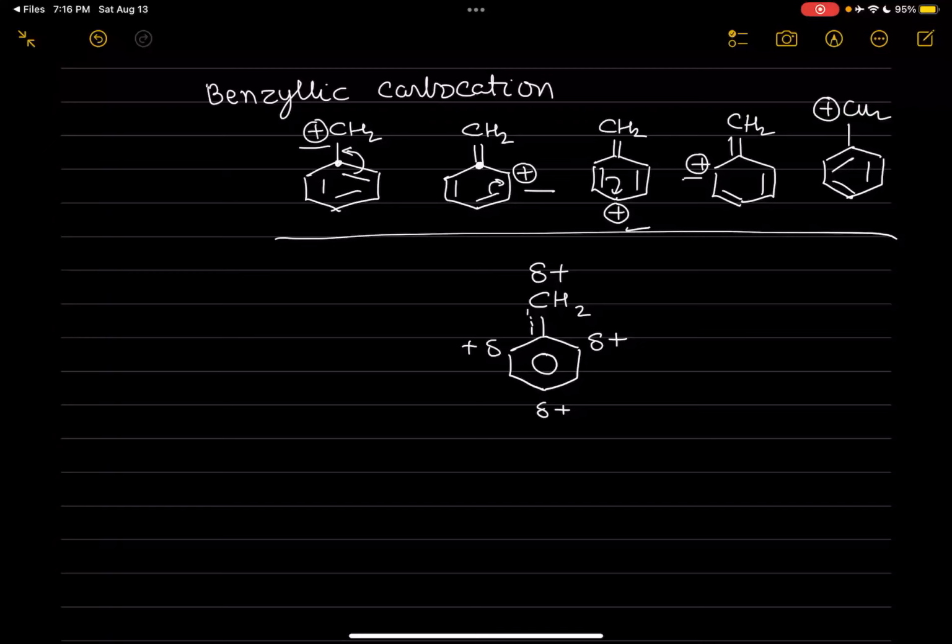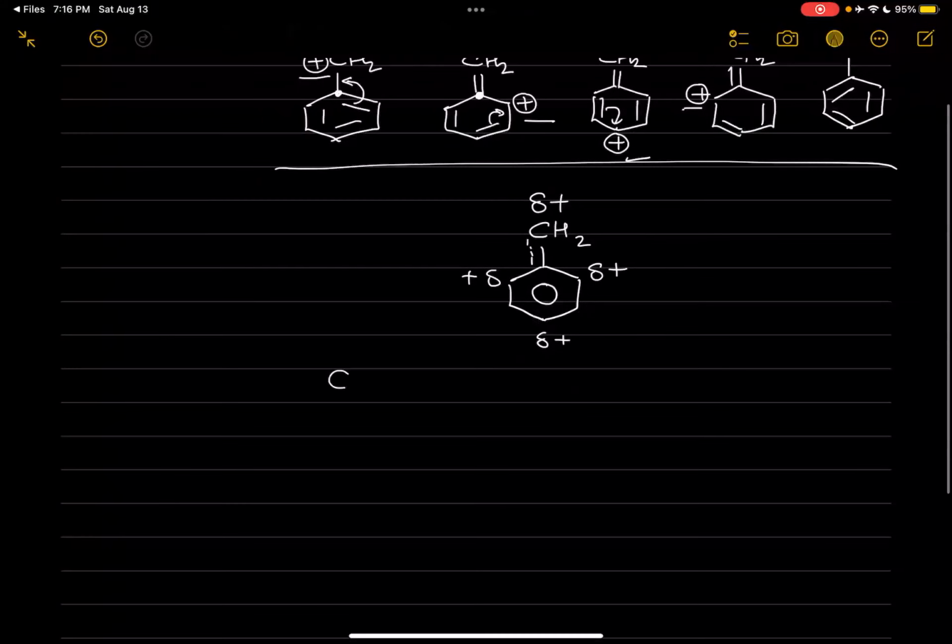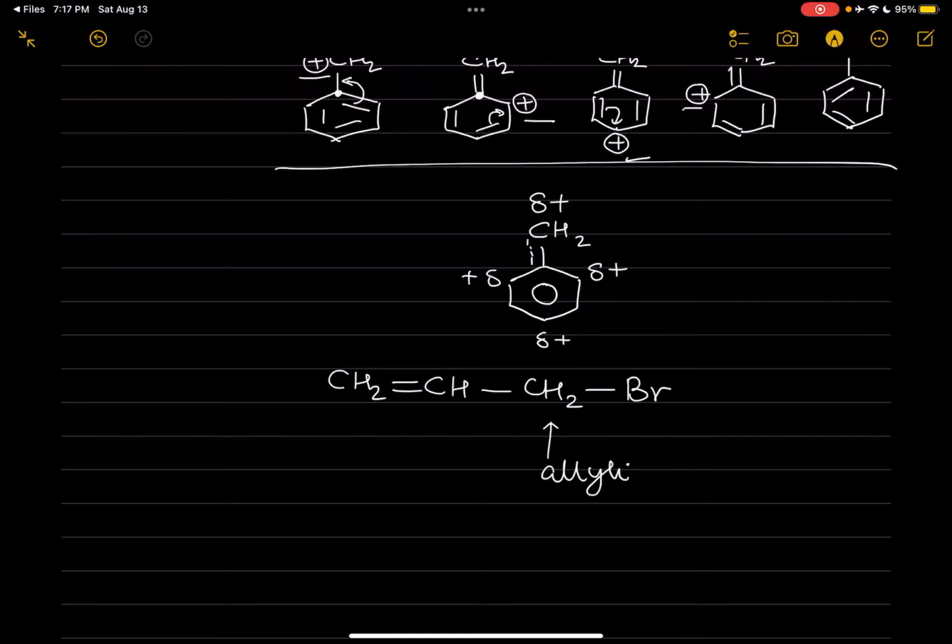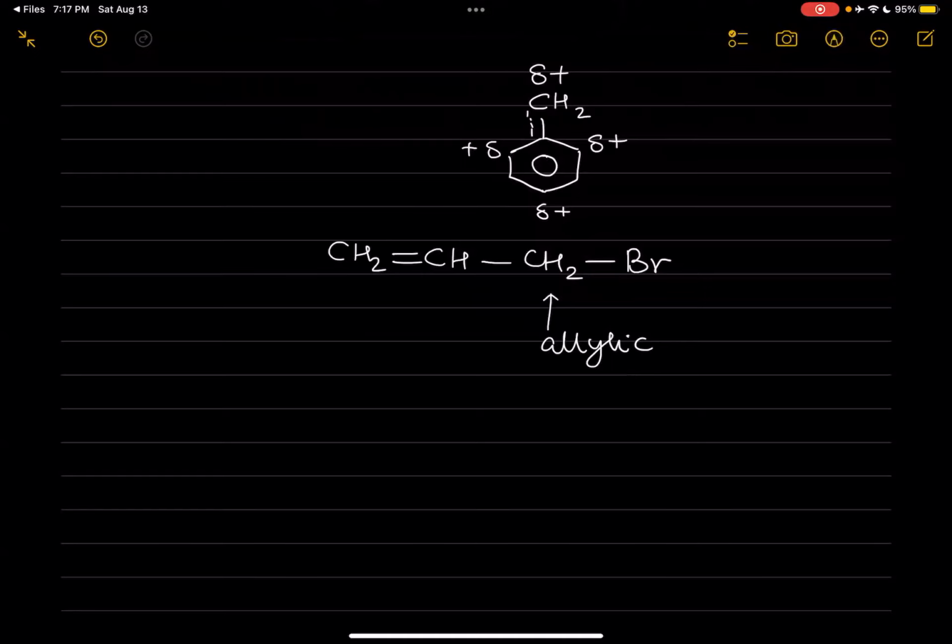Not only benzylic, other carbocations, like this one which is known as an allylic halide, are also stabilized by resonance in the same way. So if an allylic carbocation forms, it can be stabilized by resonance.